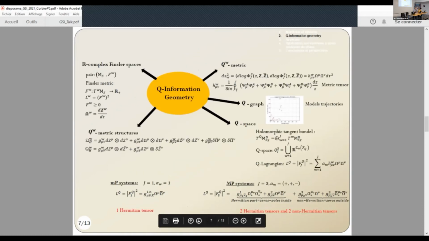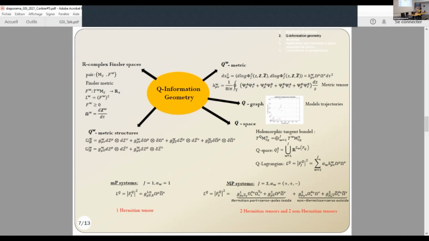In fact, we develop a context of the Q information geometry. This is a real complex Finsler space with a pair of manifolds and a metric. We recognize omega and the Finsler coordinates.